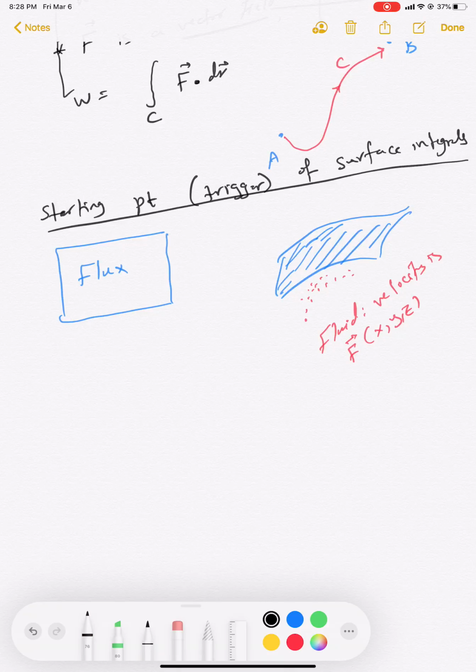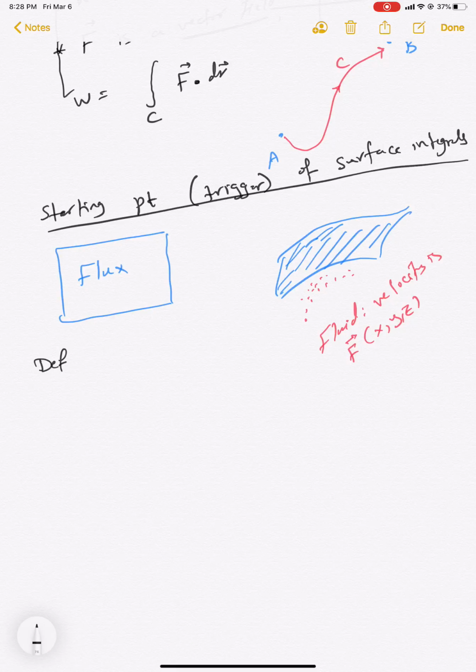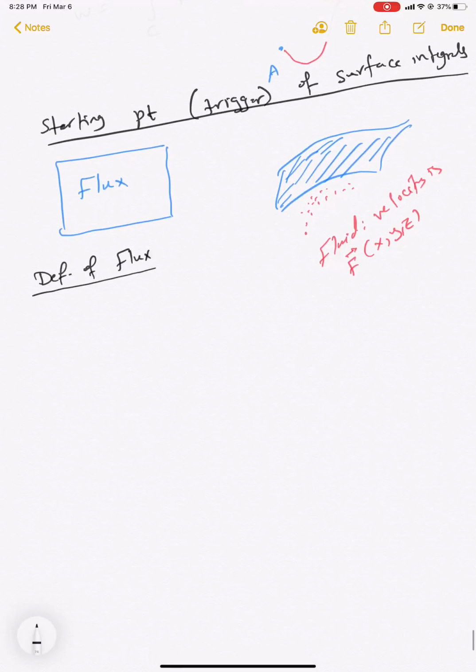This is the definition of a flux. So in general, let me define it in terms of fluid.